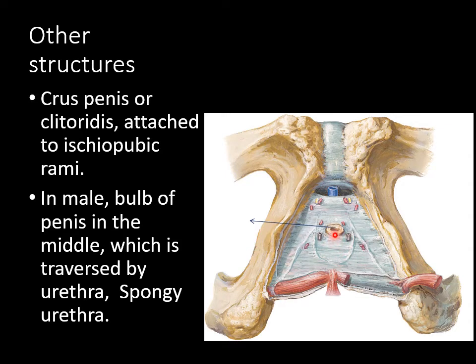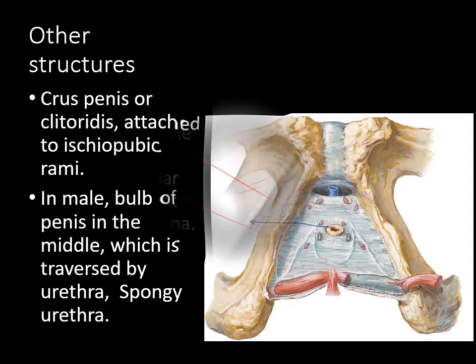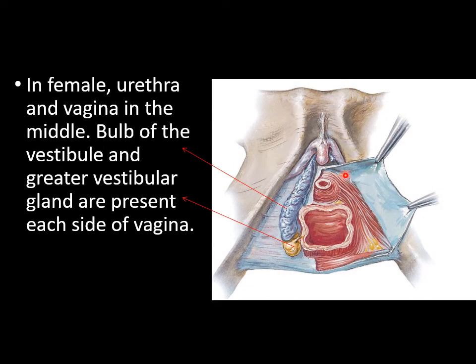That particular part of the urethra is called the spongy urethra. In the female, the urethral orifice passes through and opens through the pelvic outlet and perineum, the anterior part of the perineum in the urogenital triangle. Then the bulb of the vestibule and the greater vestibular glands are present on each side of the vaginal orifice.